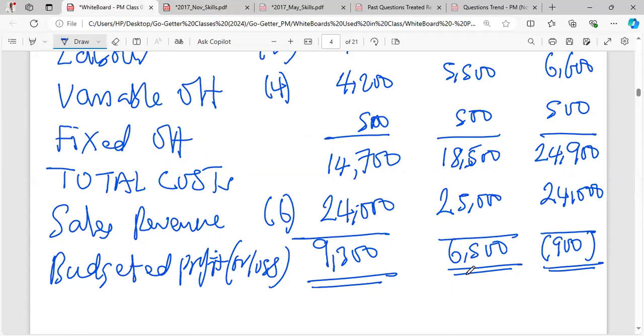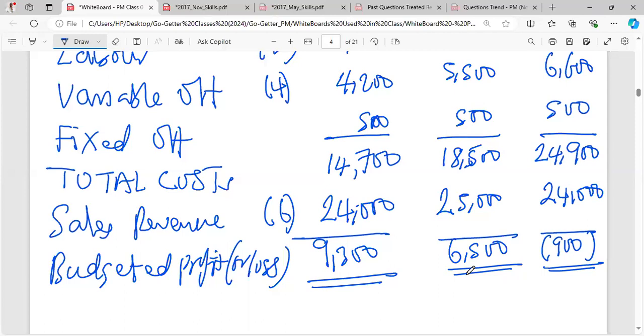If we increase our cases of production to 120,000, we are going to be making a loss. But if we reduce it to 80,000 cases, we are going to get profits. So that's what we are going to use based on profits.